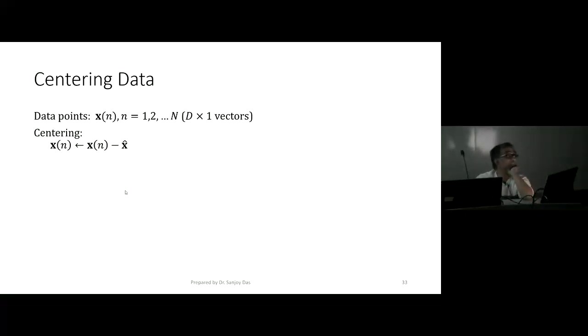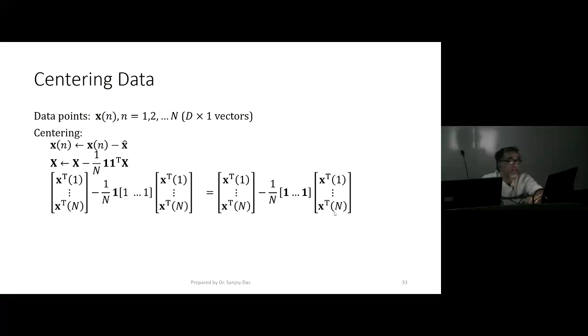Now, how do we do centering? Each point, we have to subtract the mean from it. That will move the point by this amount, x hat. And in terms of the matrix X, this is what I'm doing, and this tells you why it happens.